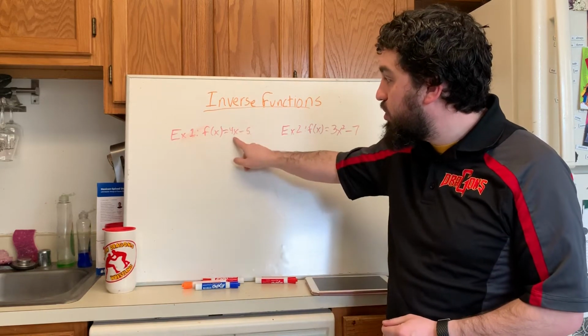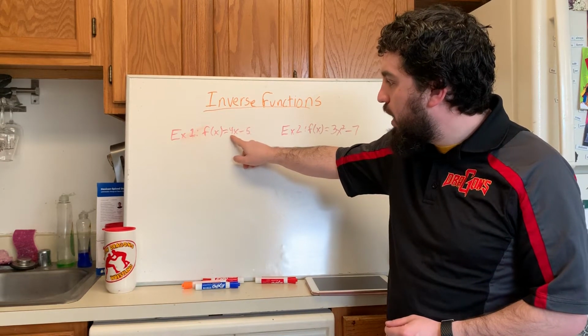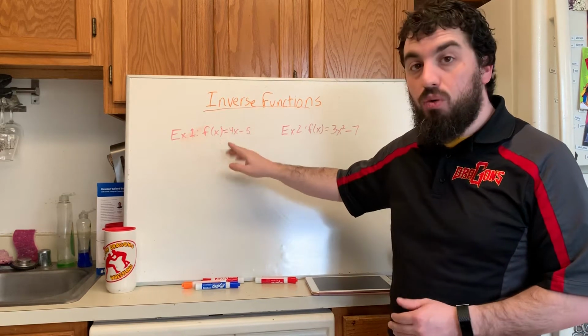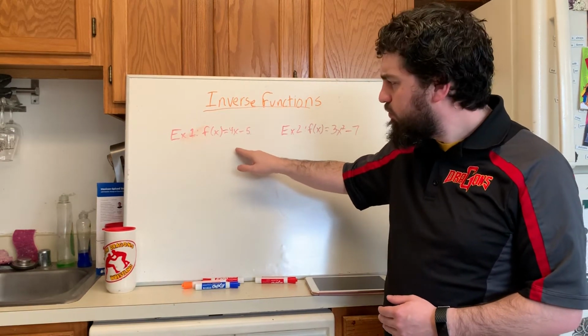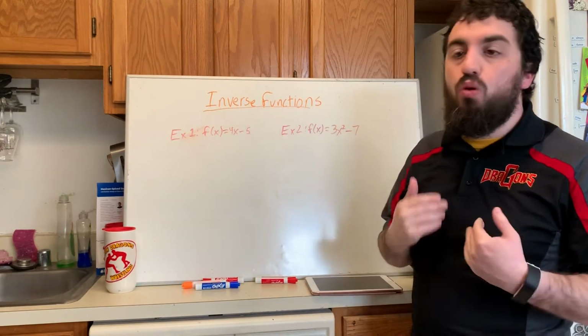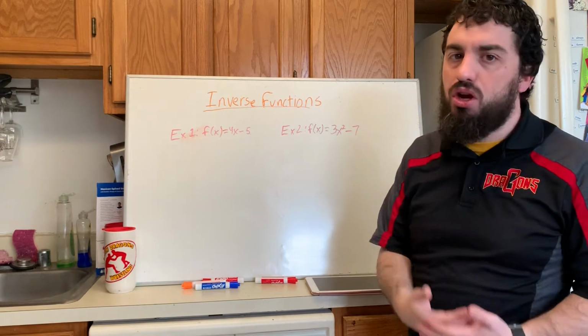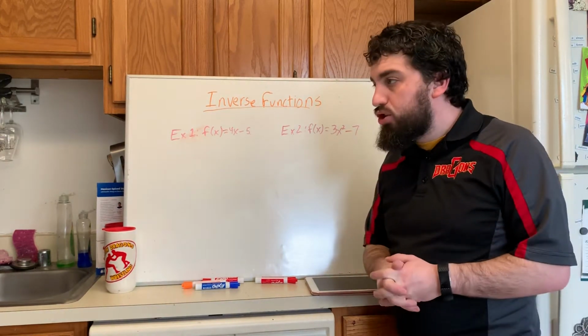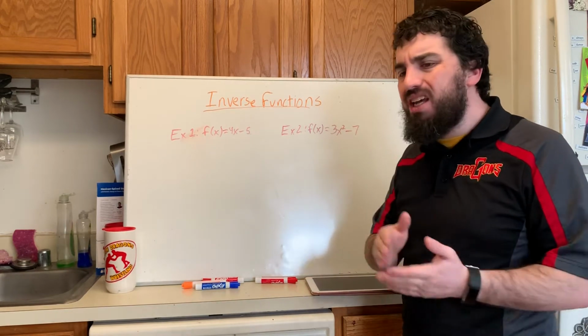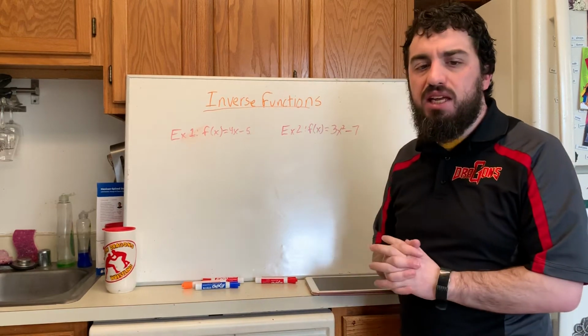Like in this function, the ordered pair 2 comma 3 is in this function. So the ordered pair 3 comma 2 would be in its inverse. So we're reflecting over the line y equals x, and we'll look at that in the calculator.